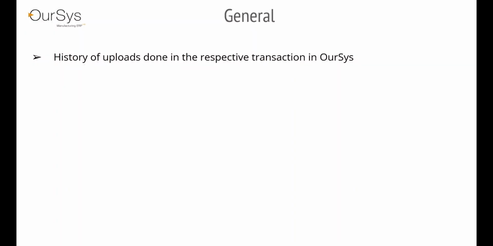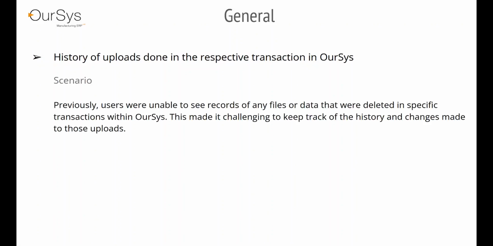History of uploads done in the respective transaction in OurSys. Previously, if a user had uploaded a document in a transaction, for example in a sales order, and some user deleted the document, then there was no record of it, making it harder to keep track of the document.